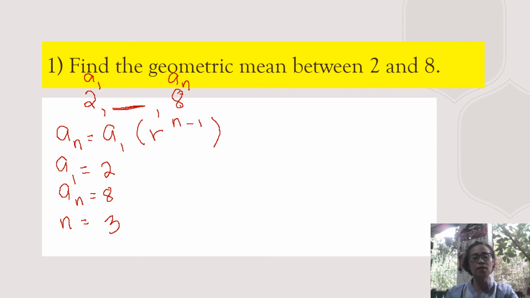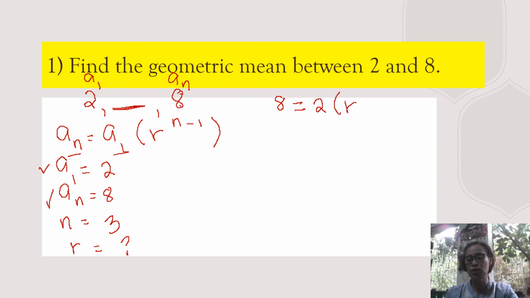Now r, the common ratio, is the one being asked in the problem. Once we get r, we simply multiply r with the first term. Now let's use the formula. We have 8 equals a1, which is 2.